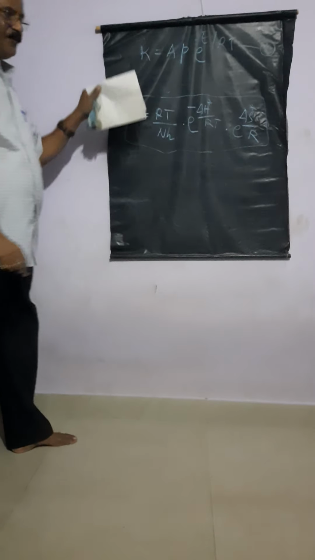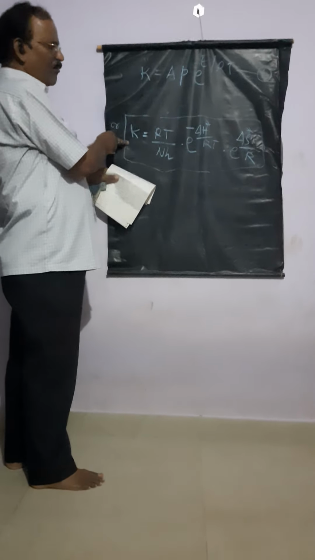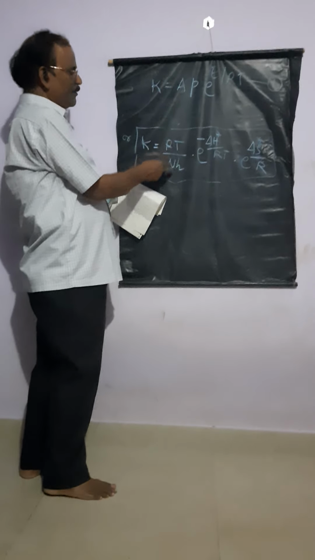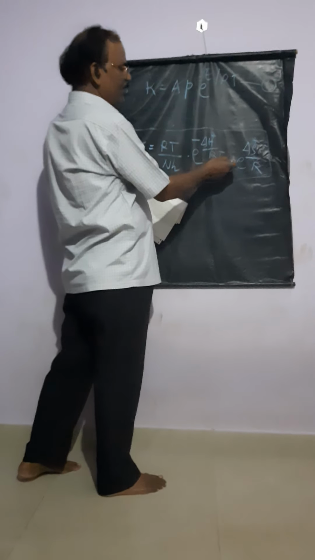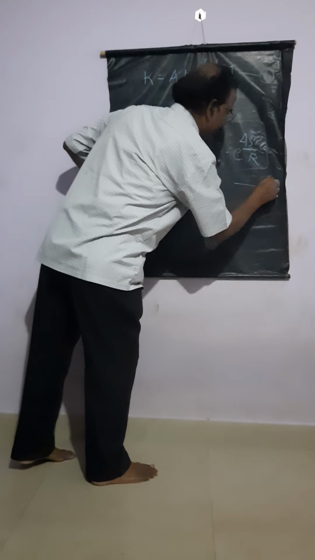And the rate constant according to transition state theory is given by K is equal to RT by Nh into e to the power of minus delta H star divided by RT into e to the power of delta S star divided by R. This is equation number 2.